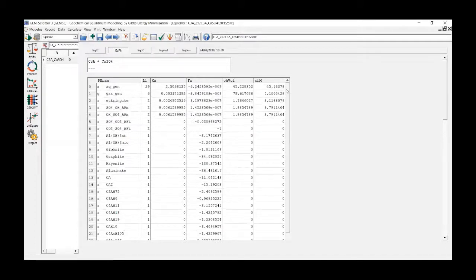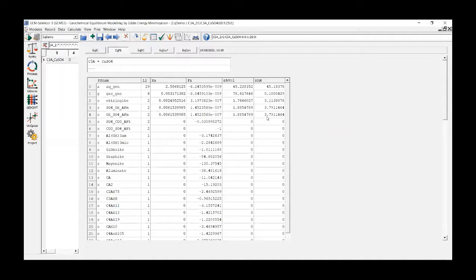The main thing is we will have less AFM and now more Ettringite phases, mainly because we kept the amount of calcium sulfate constant.